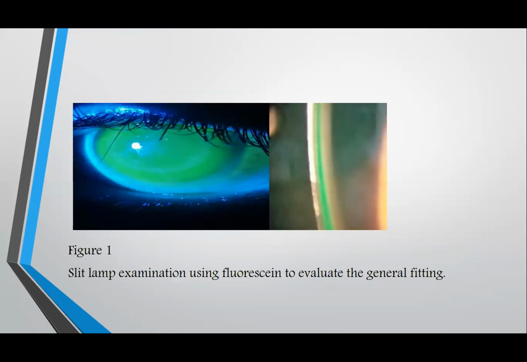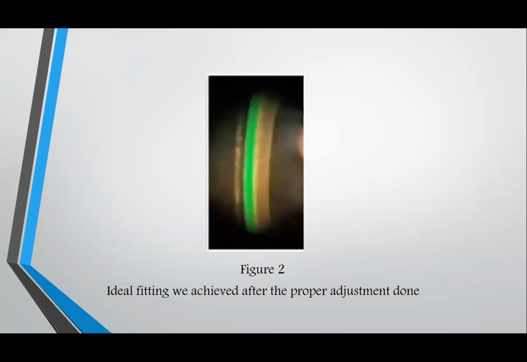You can see the BKB line and the lens with the fluorescein button reflecting clearance. But if you look at the scattered image, you can find that clearance is quite poor. Because of that, we increased the central clearance by 150 microns for patient safety. As you can see here, the best fitting was achieved after the adjustment.